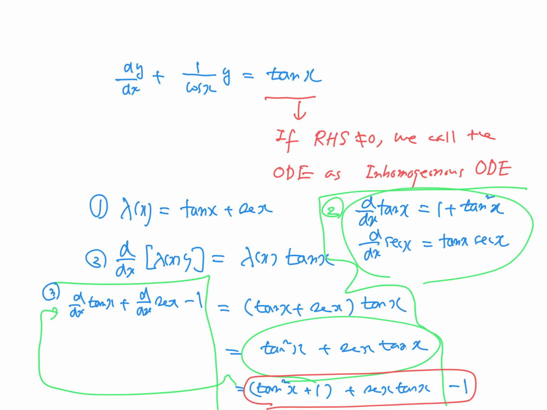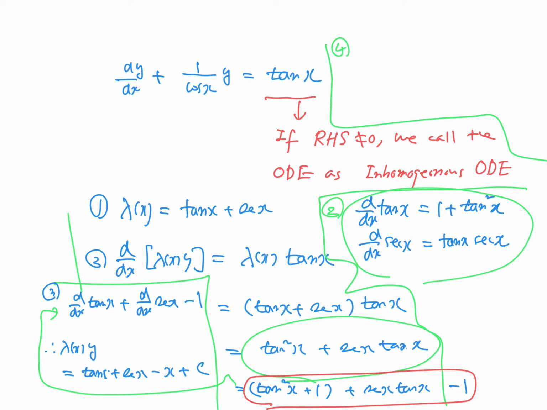So lambda x y is actually tangent x plus secant x minus x plus c, and maybe we have a small step 4.